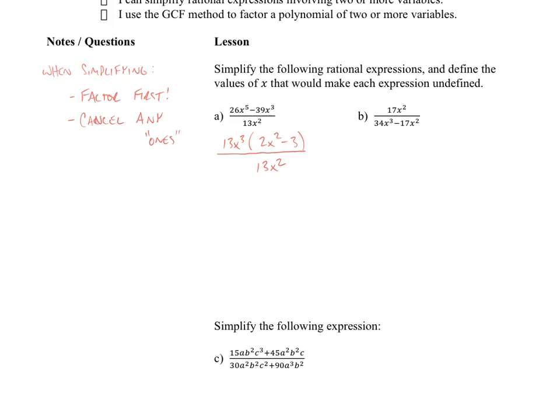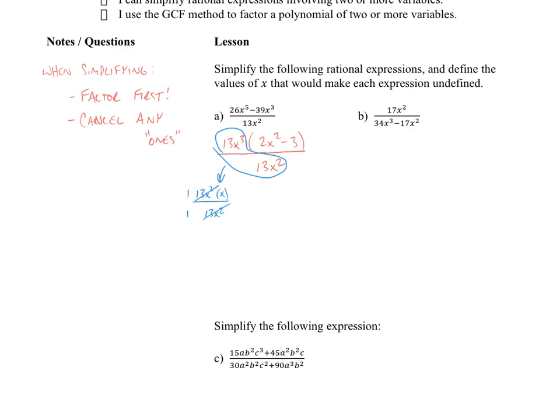right? So if we really think about what we have here, over on the side I'm just going to write this as 13x squared times x over 13x squared. And the reason I'm doing that is because this here is this. We're just going to look at that piece right now. I can see 13x squared over 13x squared as just a 1 over 1, right? 1 is the same as 13x squared divided by itself.